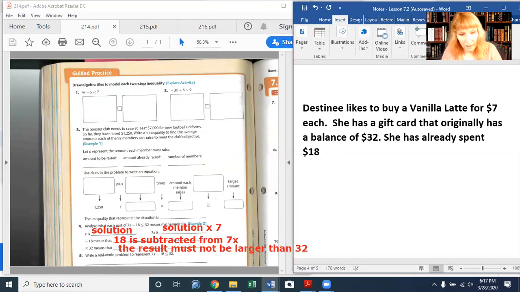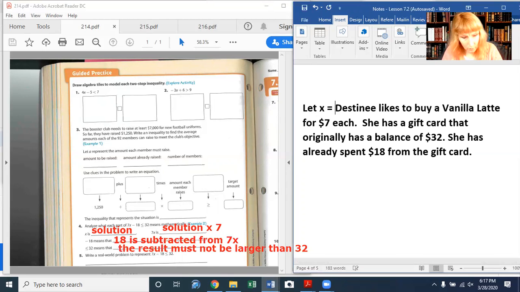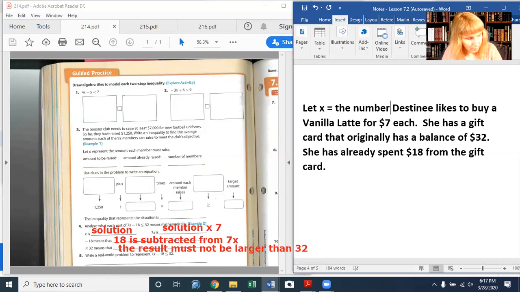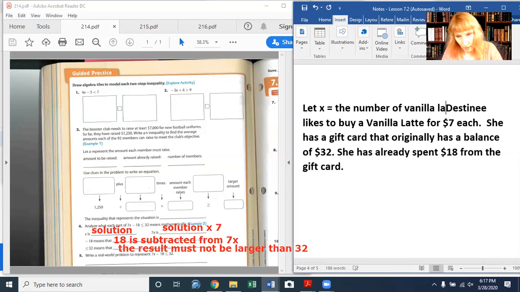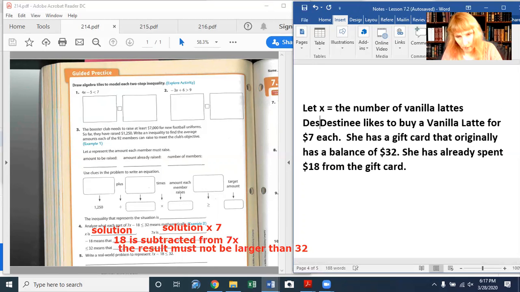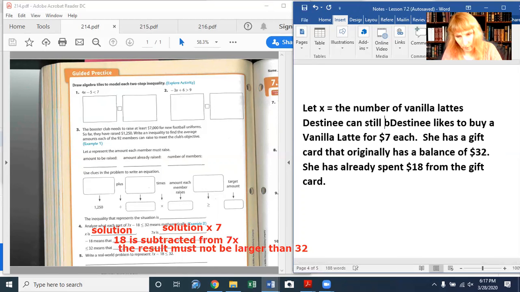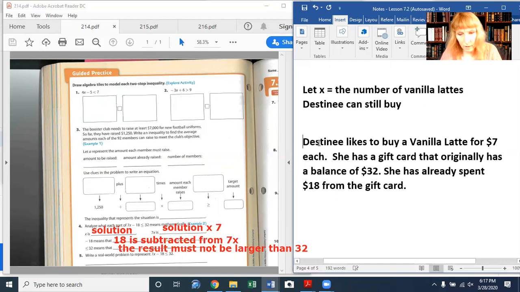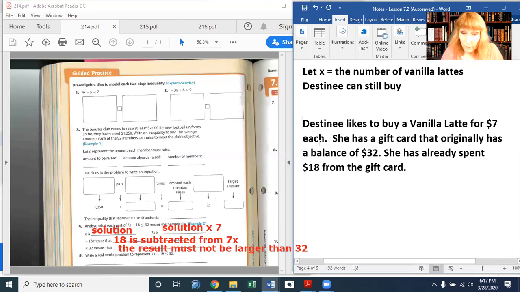Exactly, $18 from the gift card. And I'm going to just put this up at the top. We're going to let X equal the number of vanilla lattes Destiny can still buy. So Destiny buys a vanilla latte for $7 each.